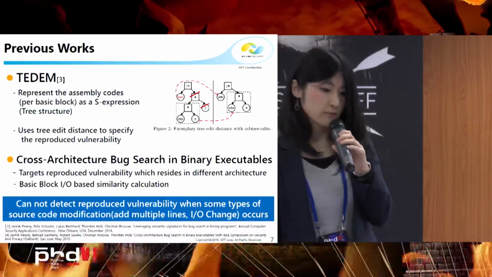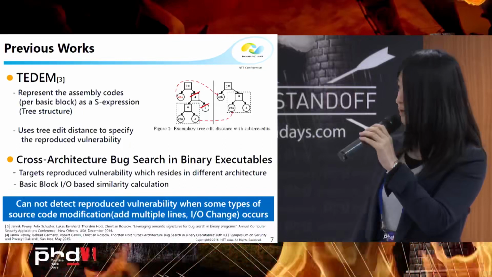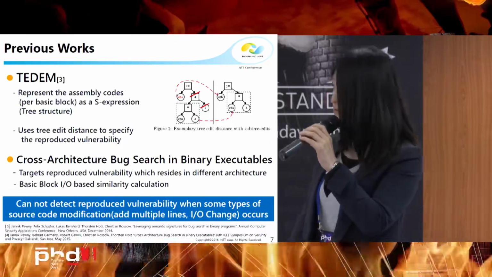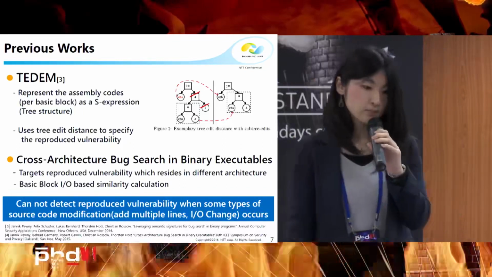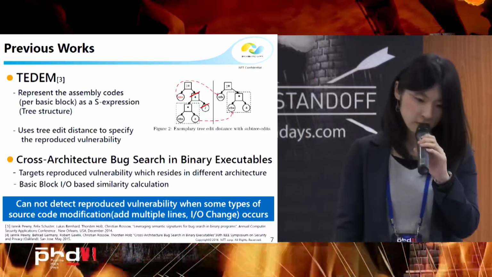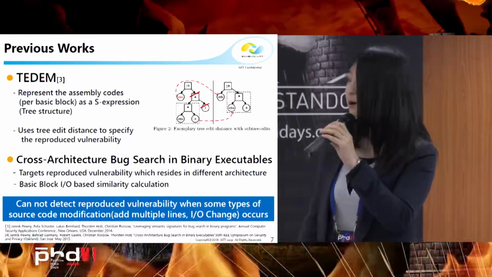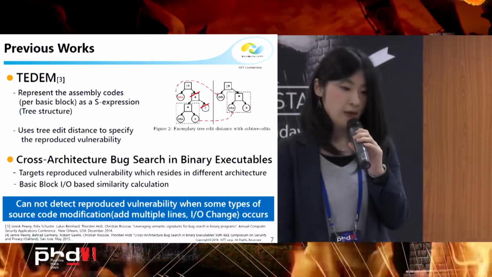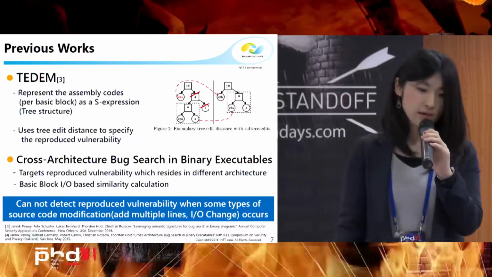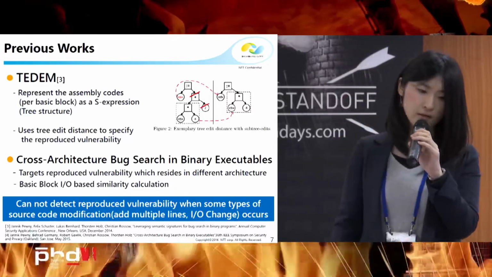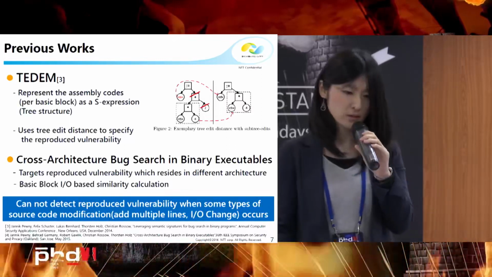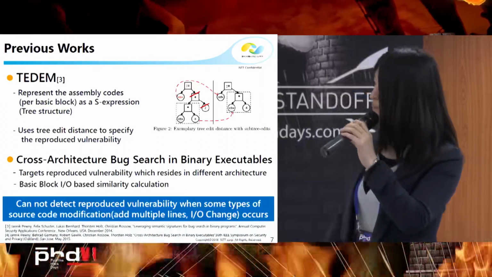The next one is called cross-architecture bug search in binary executables. This research targets reproduced vulnerability which resides in different architectures, and uses a method that calculates similarity based on basic block I/O.